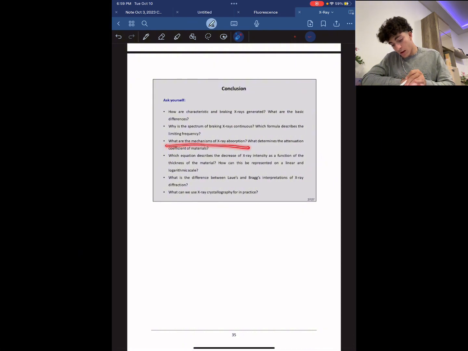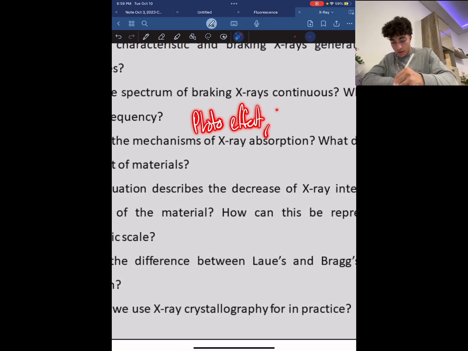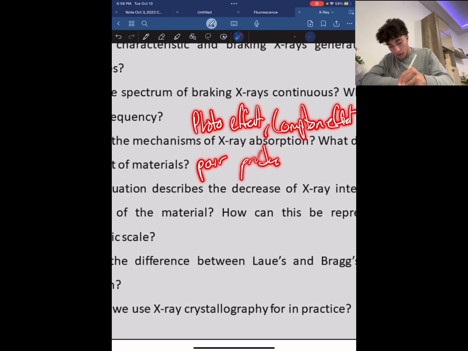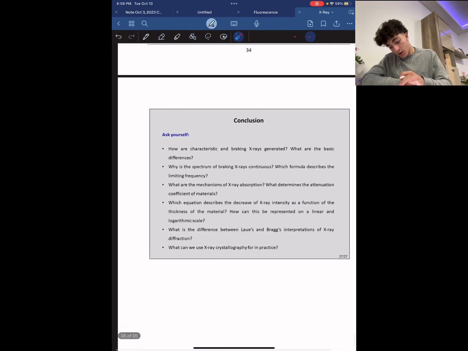What are the mechanisms of X-ray absorption? So we said photoelectric effect, Compton effect, and pair production. It says, what determines the attenuation coefficient of materials?